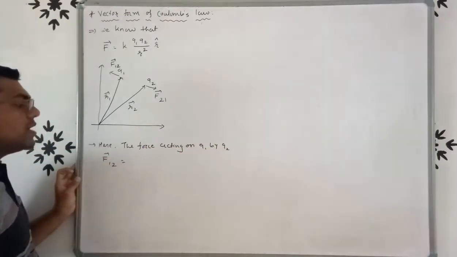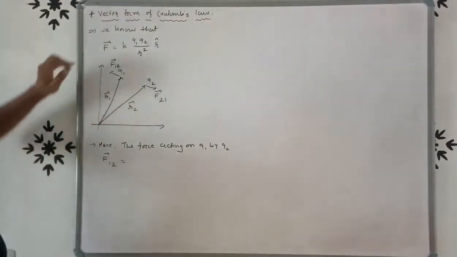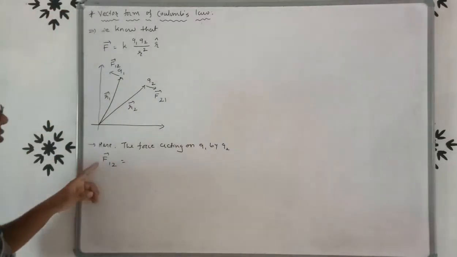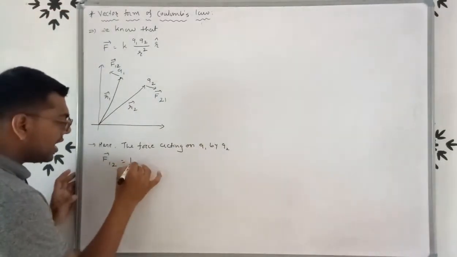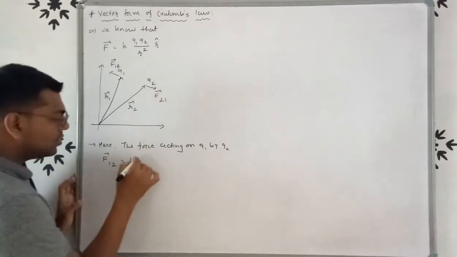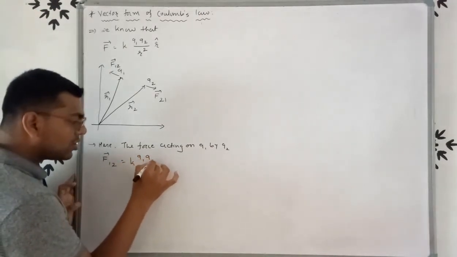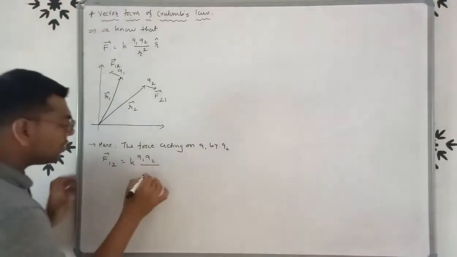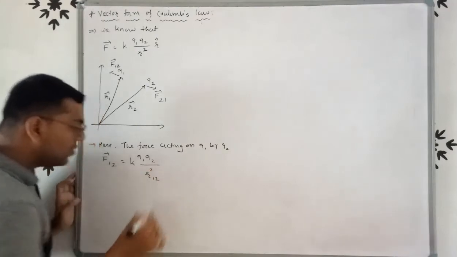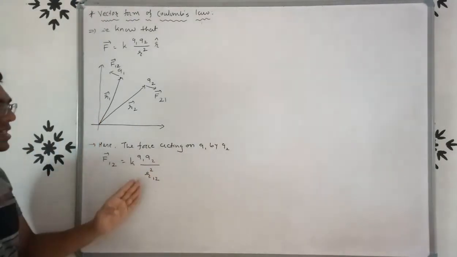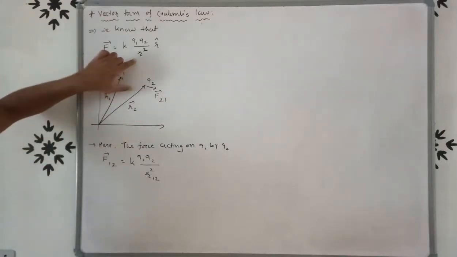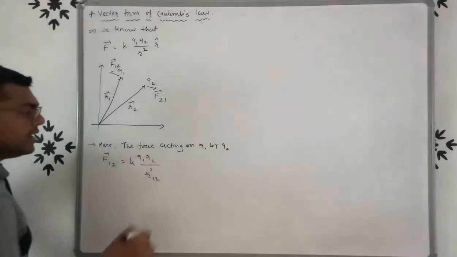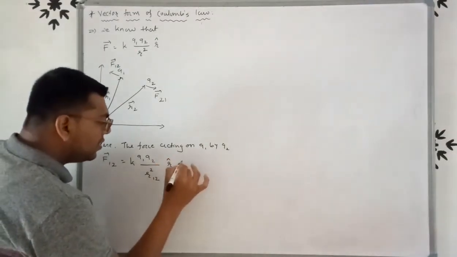F12 is equal to, we know the formula, F is equal to K q1 q2 upon R square into R cap. So F12 is K, here two charges, 1, 2, so charge 1 is q1, charge 2 is q2, upon the distance between q1 and q2, R square 1, 2, because here F12, so the distance is R12. So instead of R square, we write R12 square, and the direction is R cap 1, 2.